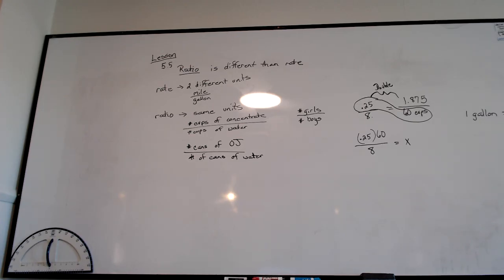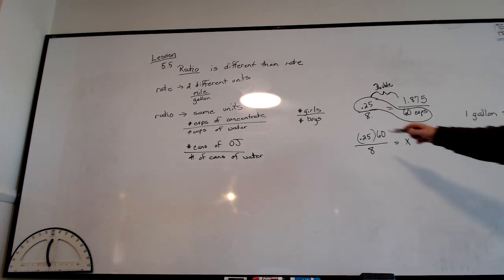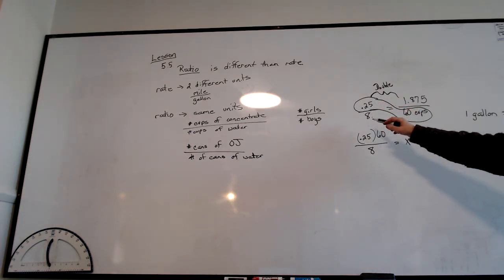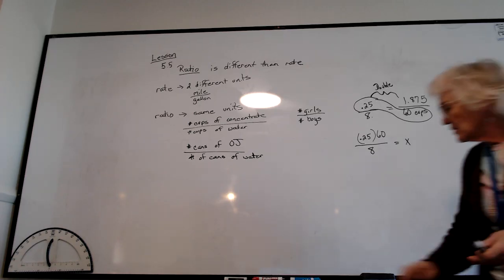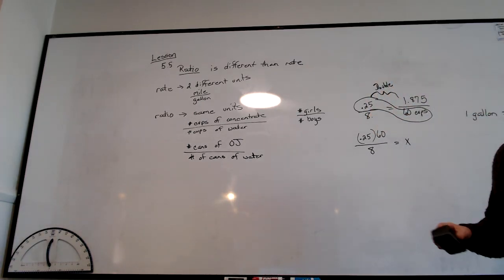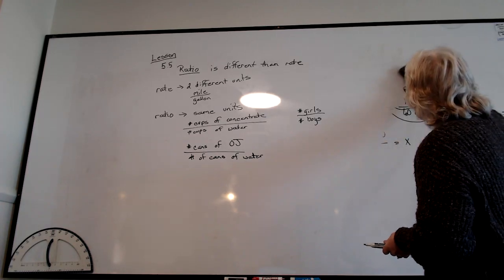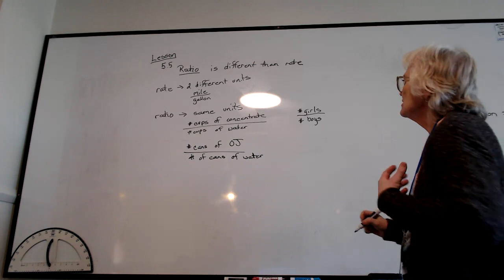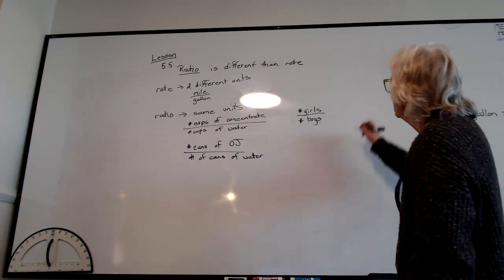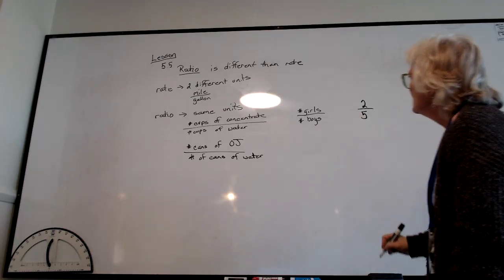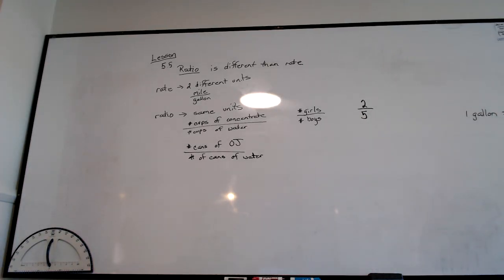Okay. So this is another way to solve it, by doing the cross multiplication method. In this class, we have a ratio of girls to boys. It is 2 to 5, 2 girls to 5 boys.